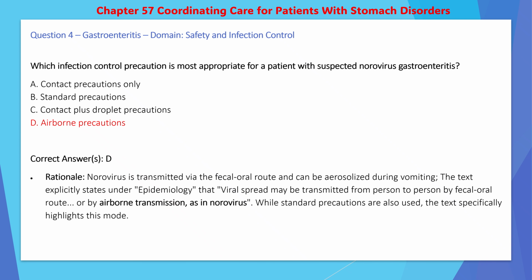The text explicitly states under epidemiology that the virus may be transmitted from person to person by fecal-oral route or by airborne transmission, as in norovirus. While standard precautions are also used, the text specifically highlights this mode.